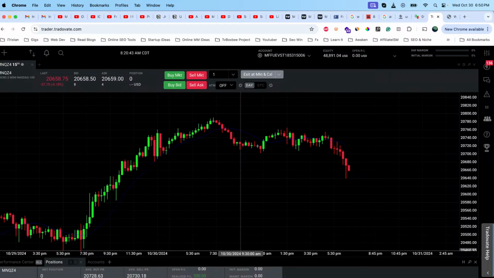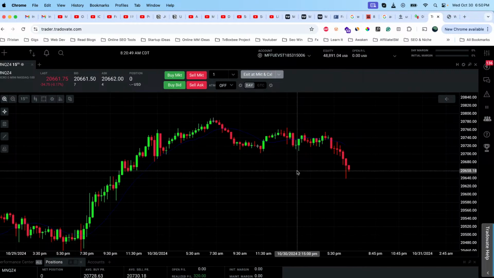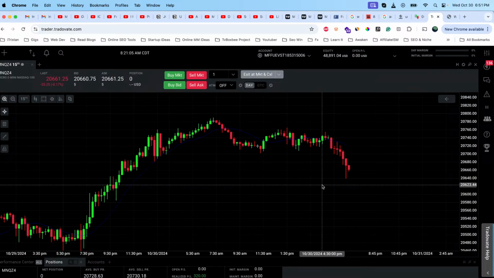But yeah, so far I have been blowing accounts on MFFU, my funded futures. I basically got funded many many times with Apex, but passing an eval on MFFU is more difficult than Apex because of the lot size difference.